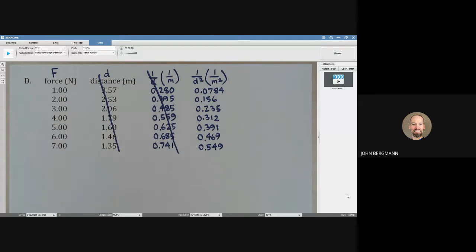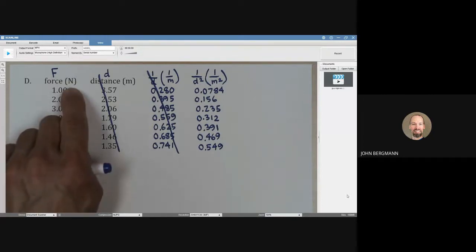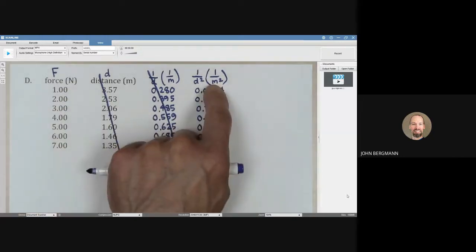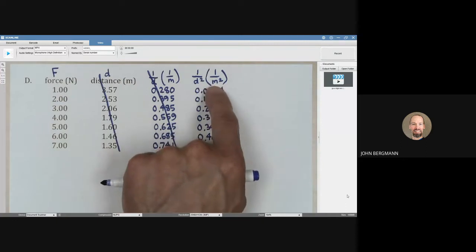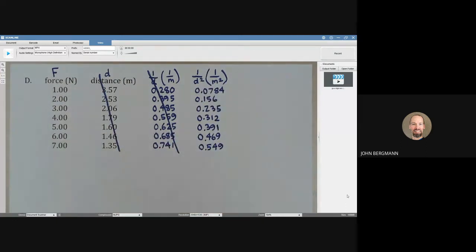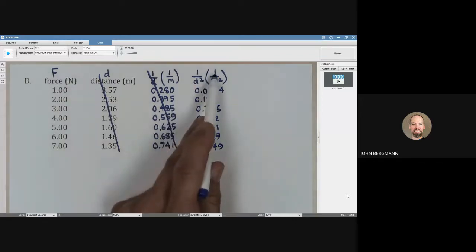The question now is, which ones should be the x values and which ones the y? We look at the units and we go rise over run. Newtons divided by 1 over meters squared, or 1 over meters squared divided by newtons. There's not really a best answer for this one, perhaps, but it's simpler if we take newtons and divide by 1 over meters squared.